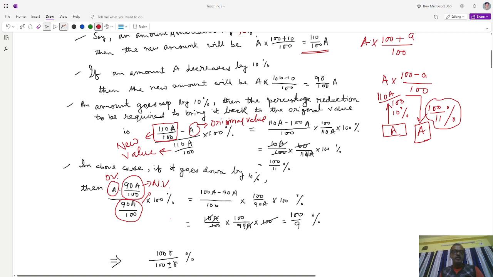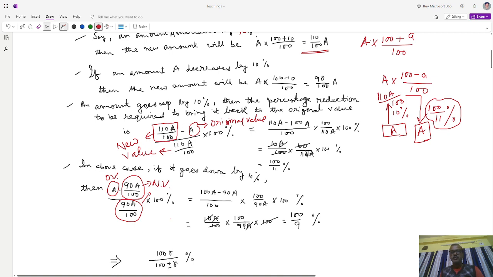And if we want to convert it into percentage, then we multiply by 100 and put the percentage symbol, and this is equal to 100A minus 90A divided by 100 into 100 by 90A into 100%. If we simplify this expression, we get 100 by 9%, right?